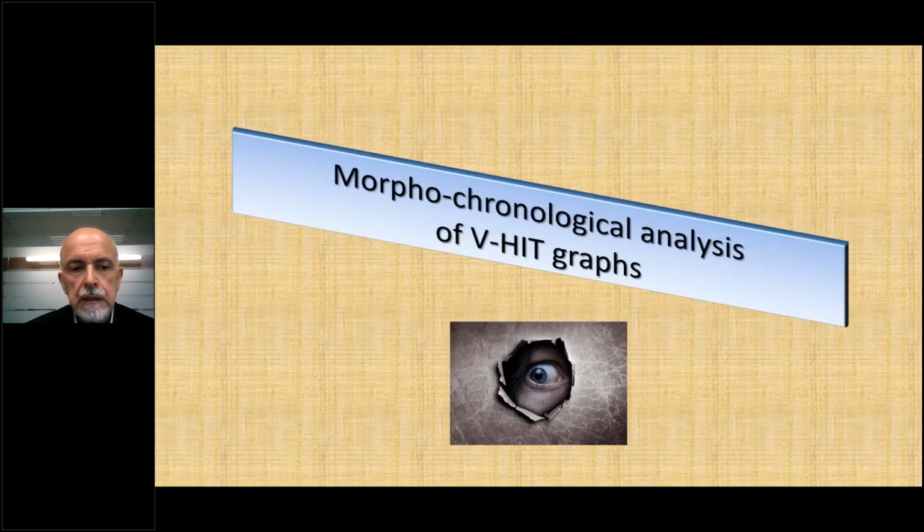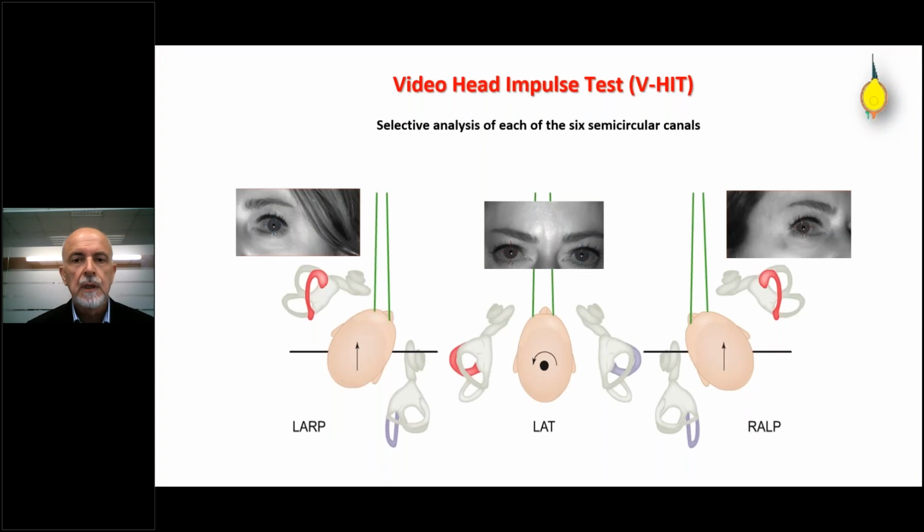So, some very important concepts about morphochronological analysis of the VHIT graph. The video head impulse test, we know, is a selective analysis of each of the 6 semicircular canals.